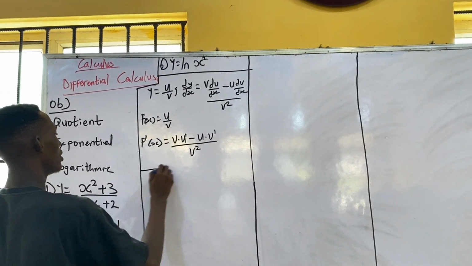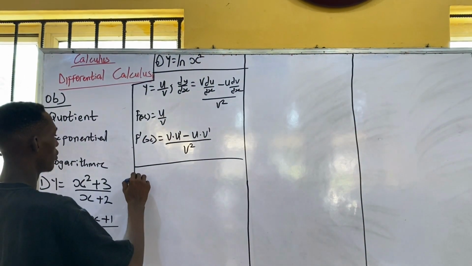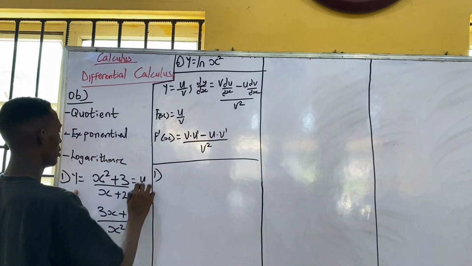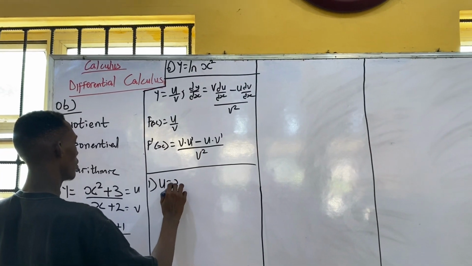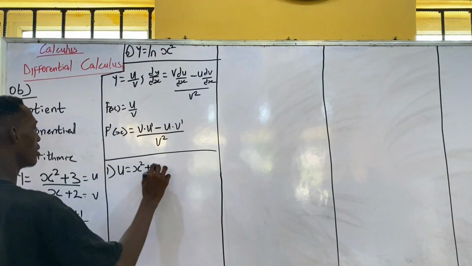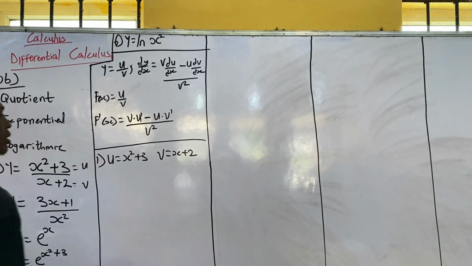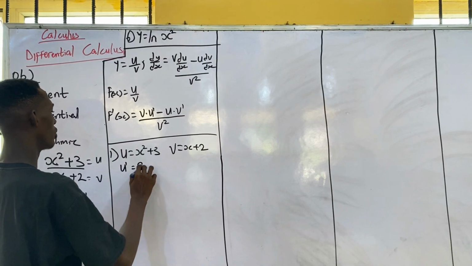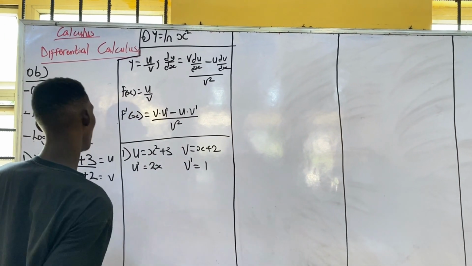Now let's move into this one. So I'm representing this with the function of x. Therefore, for number one, our u is x squared plus 3, and our v is x plus 2. Now, our u derivative is 2x. Then our v derivative is 1.